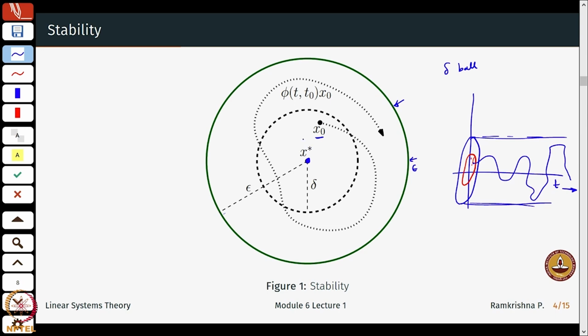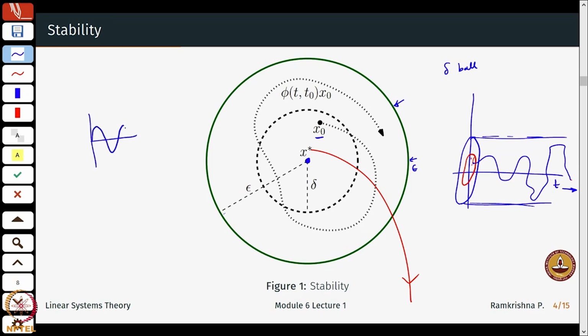For example, if I started at an initial condition here and it just keeps going this way, this is an unbounded solution and this is an unstable behavior, right. So, this is a very basic, very weak notion of stability, where the solutions could just be doing whatever they want. One simple example is the linear oscillator that we did.